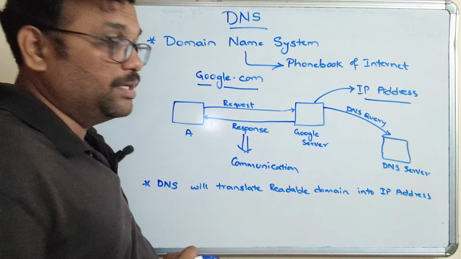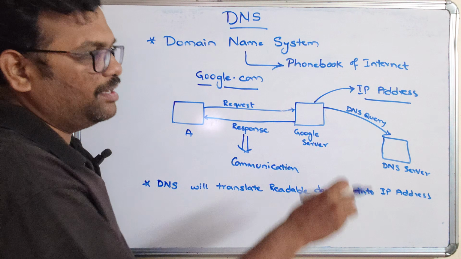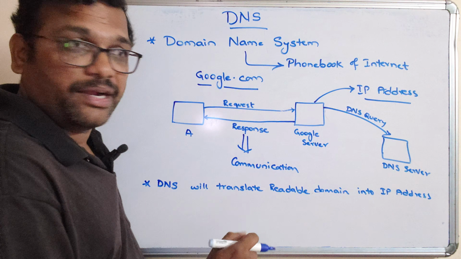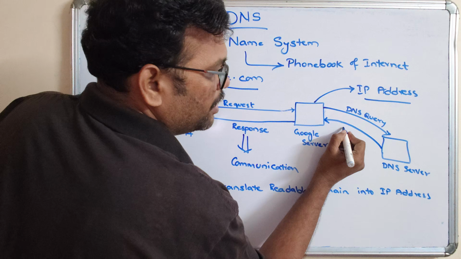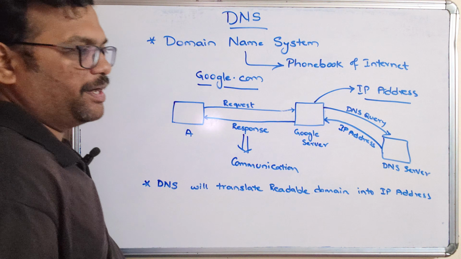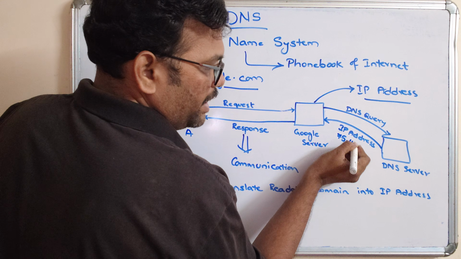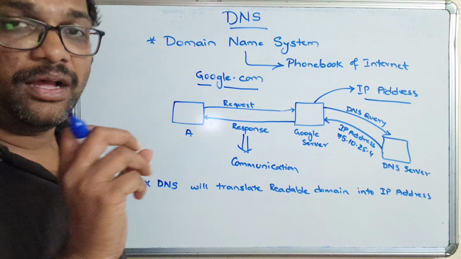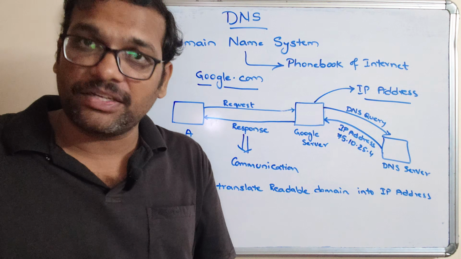The DNS server will check this domain, identify the IP address, and give the response to this system. For example, 75.10.25.4 is some IP address. We have seen how an IP address looks, right? This is an IP address of version 4.